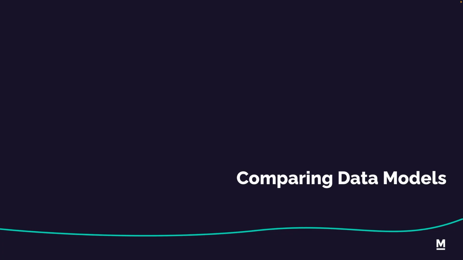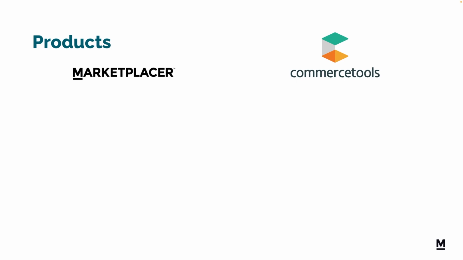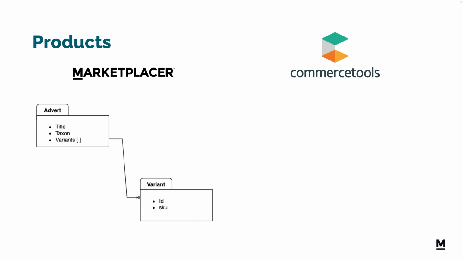And then just moving on to the last two slides, I just want to very quickly compare at a very high level the two data models of both Marketplacer and commercetools. So looking first at products, in Marketplacer, we refer to a product as an advert. And so we have this concept of an advert object, but again, just think of it as a product. Each advert will then have at least one variant.